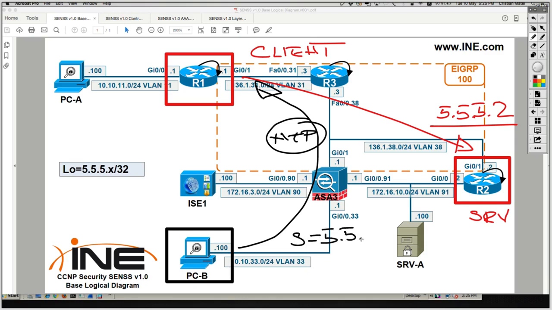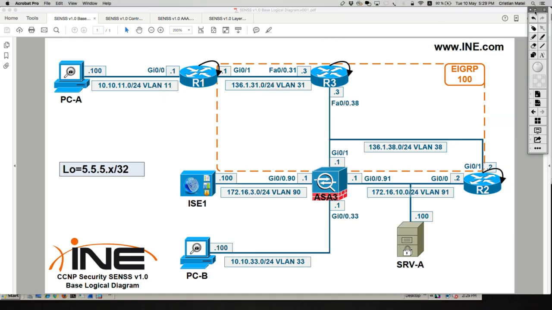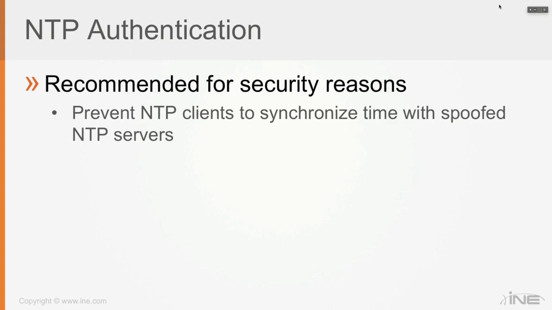PCB knows that that client has a server 5552, and it's going to send a message to router 1 saying, hey, this is your new time, which is going to send, of course, router 1 a wrong time and date. So we want to prevent this kind of very basic NTP attack by doing authentication. Ideally you should always put NTP authentication in place.